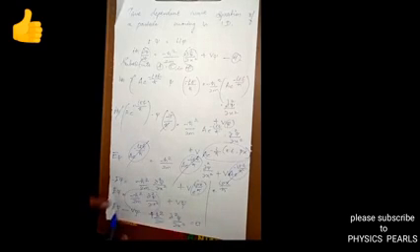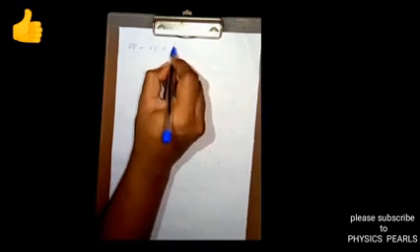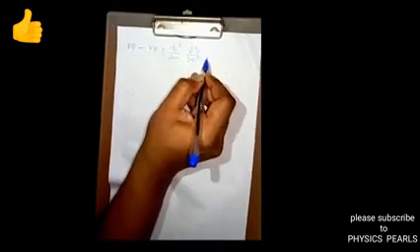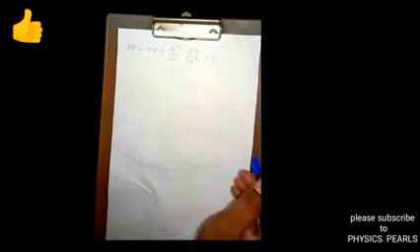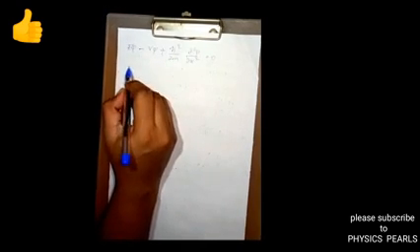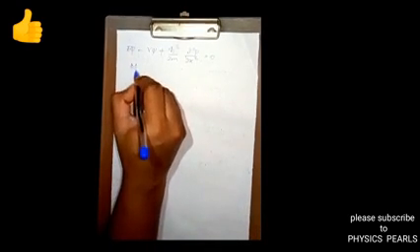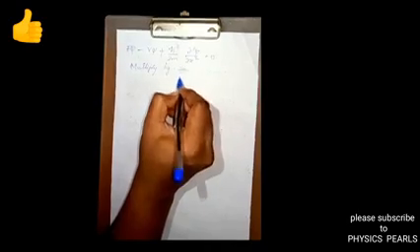So now we can further simplify this term. What we got earlier is E psi minus V psi plus h cross square by 2m dou square psi by dou x square is equal to 0. Now what we are going to do is multiply the above equation by 2m by h cross square.